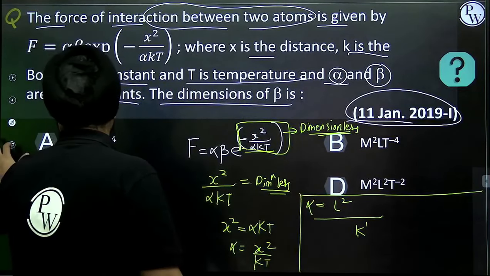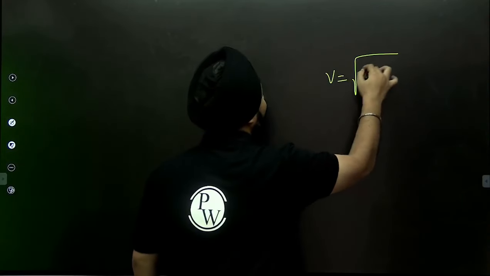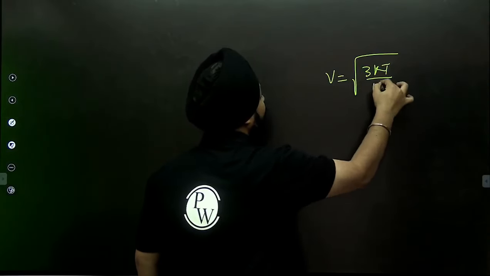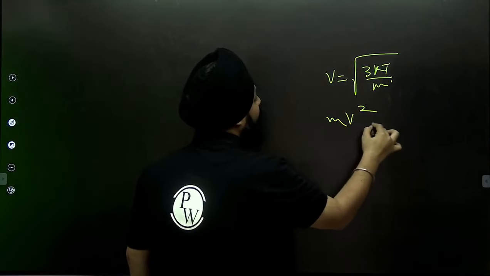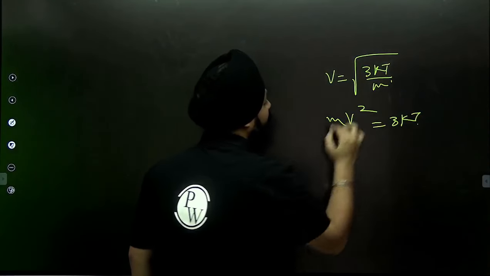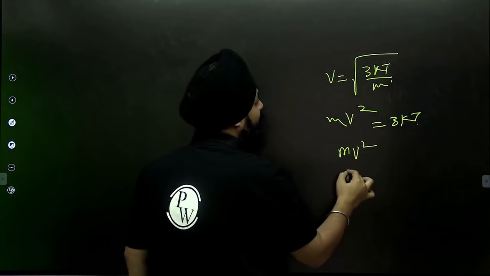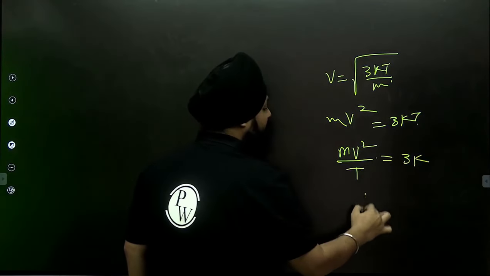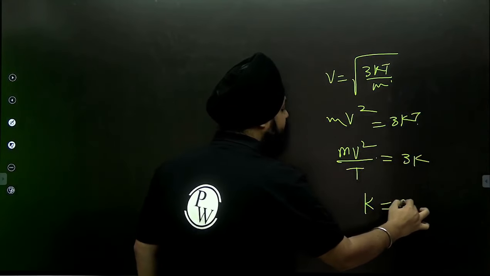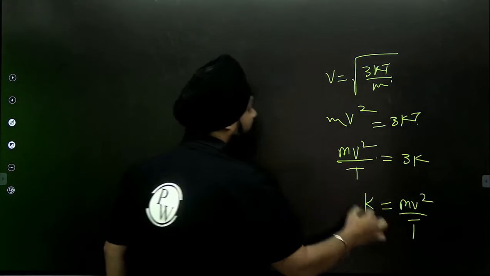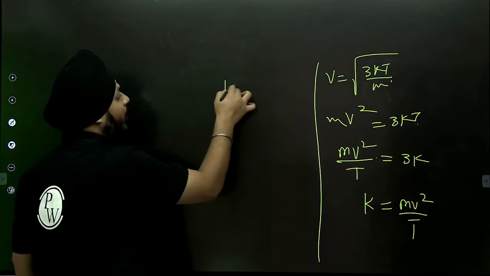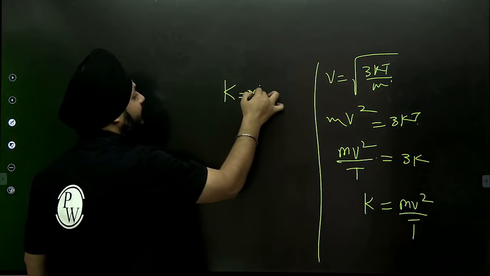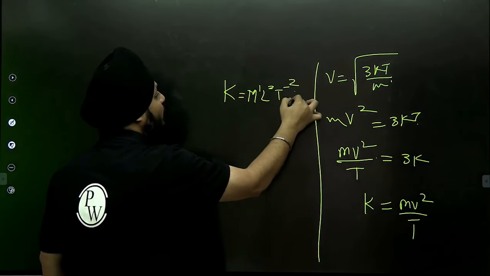So it's important to write its dimensional formula. There is one equation, 3kT by m equals v square, so m v square by T equals 3k. Dimensionally k equals m v square by T, so the dimensional formula of the Boltzmann constant is M1 L2 T minus 2 K minus 1.